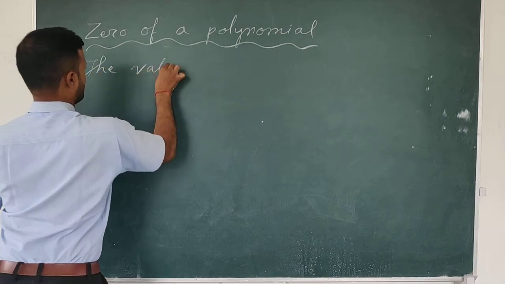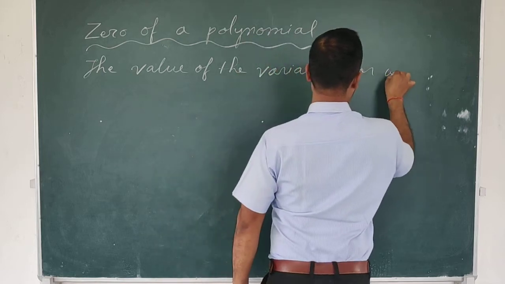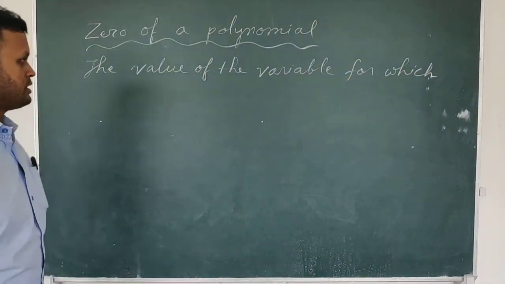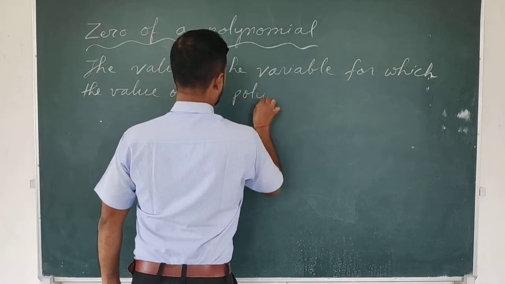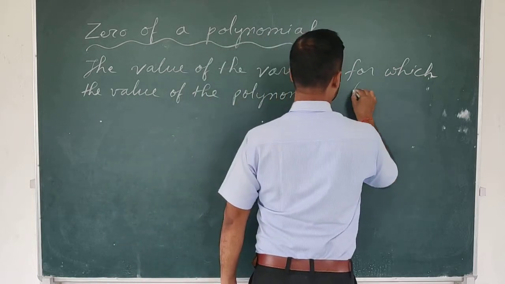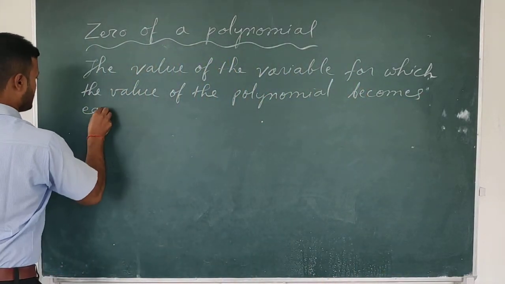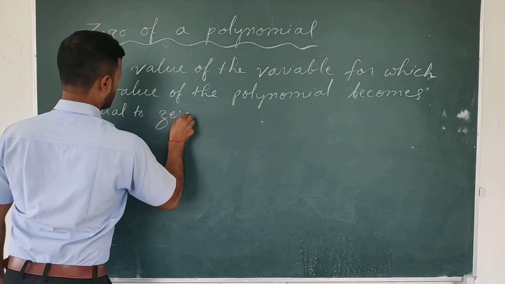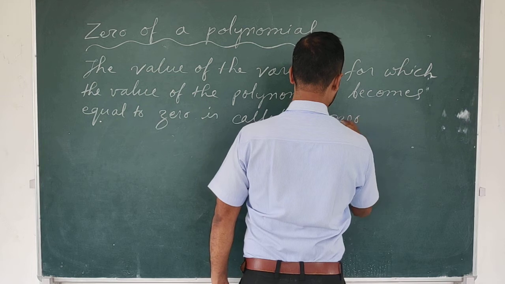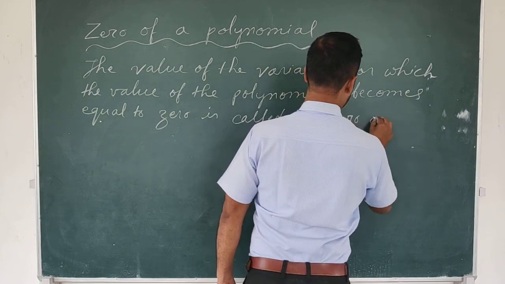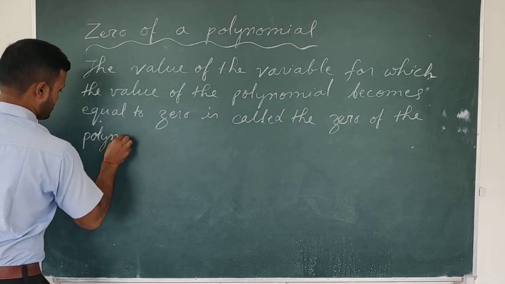You will write: the value of the variable for which the value of the polynomial becomes equal to 0 is called the zero of the polynomial.